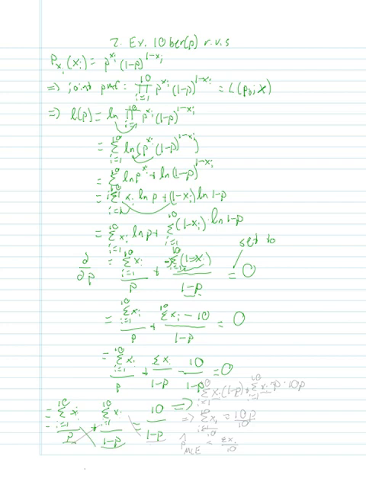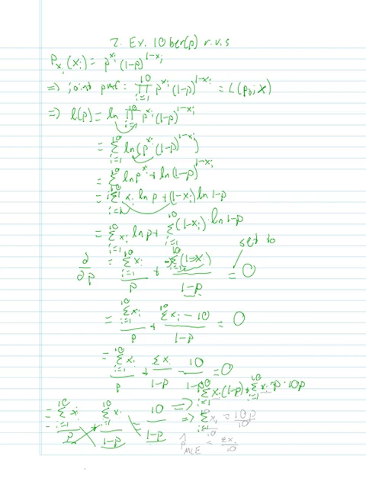This gets us, just going to multiply the denominators up to make this easier to solve, the sum from i equals 1 to 10 of xi times 1 minus p plus the sum from i equals 1 to 10 of xi times p is equal to 10p.